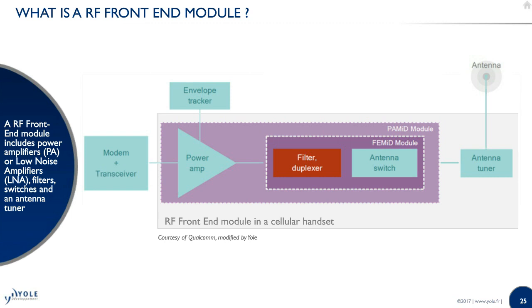So we look at the transmission and reception chain, okay? You need power amplifiers if you are transmitting, low noise amplifiers if you are receiving. You need filtering, of course, to select the right frequency at which you will exchange data, and some switches and antenna tuners, like Stefan said, to tune the impedance of your system. Okay?